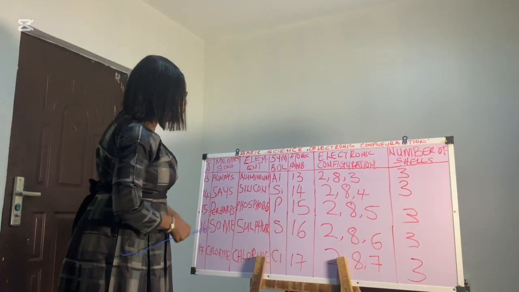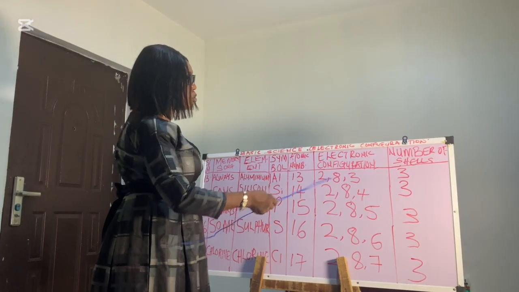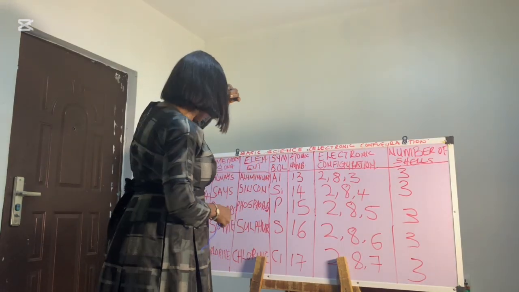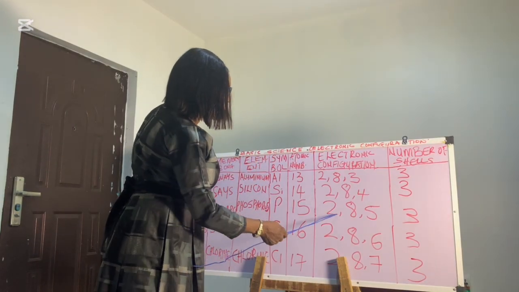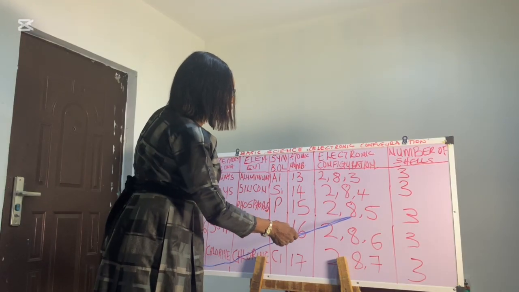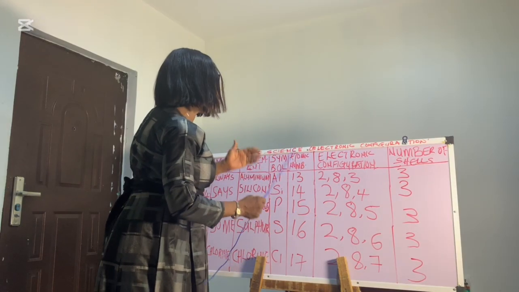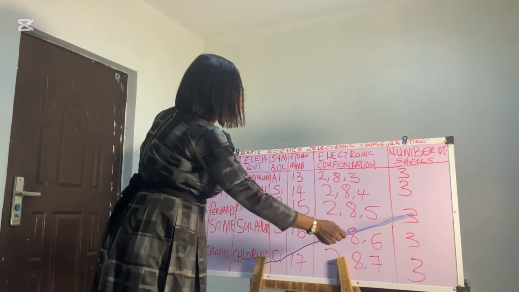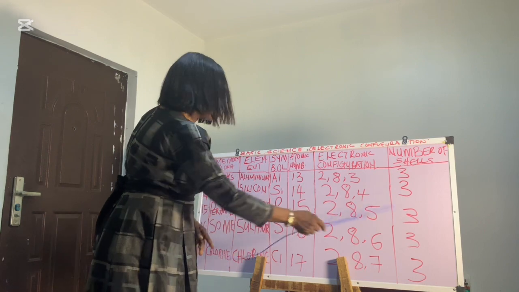Based on this number, the electronic configuration, the way electrons are arranged around the shells of the nucleus of phosphorus, is that the innermost shell will take 2 according to our rule, followed by the next shell which takes 8 electrons. Then the remaining 5 go to the third shell, which gives us 1, 2, 3 shells. The number of shells for phosphorus is 3.